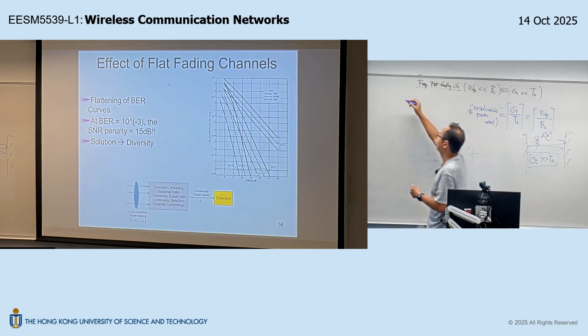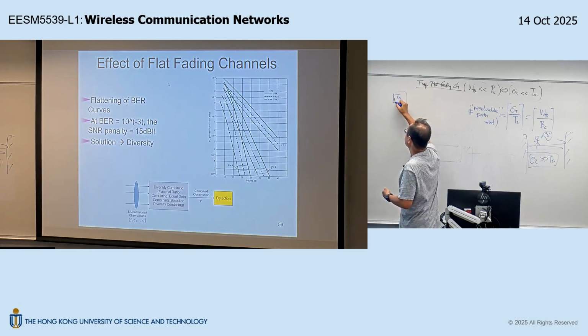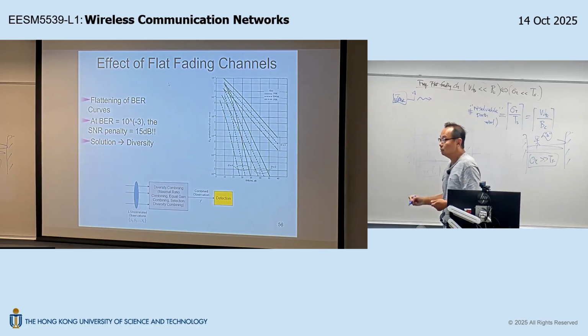Okay, so let's say this is your transmitter, BPSK. You transmit this BPSK symbol through this frequency flat fading channel. That means the received signal is equal to the fading coefficient times your transmitted signal plus noise. And then this is the receiver.